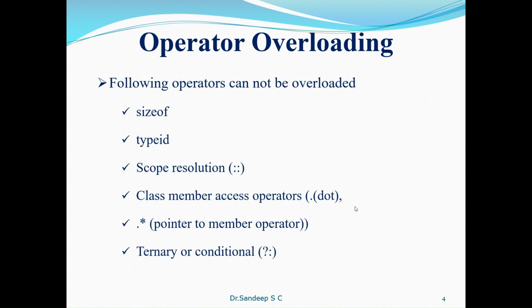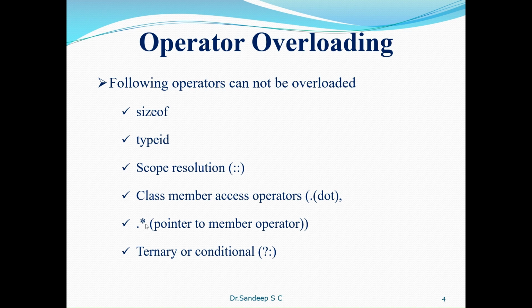The following operators cannot be overloaded. As I already told you, all operators cannot be overloaded. There are some operators which are excluded. Those operators are sizeof, typeid, scope resolution, and class member access operators like the dot operator or the asterisk operator. The asterisk operator is used when we want to access a member of a class using a pointer.